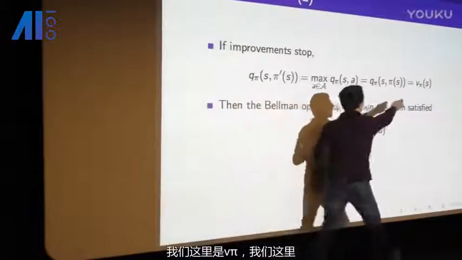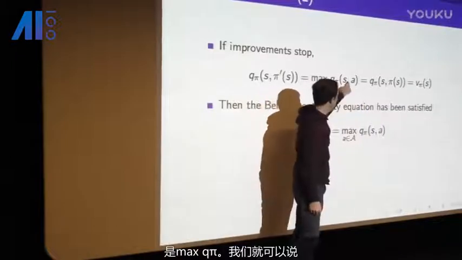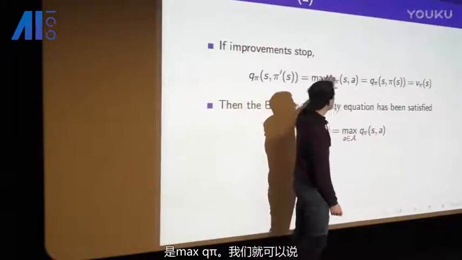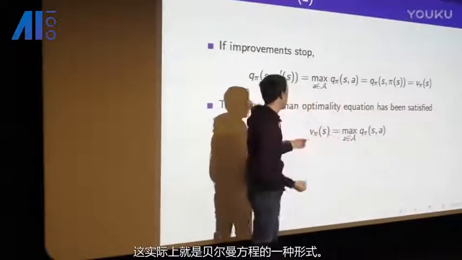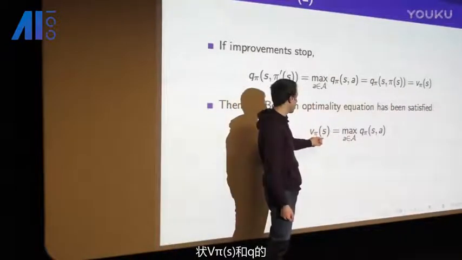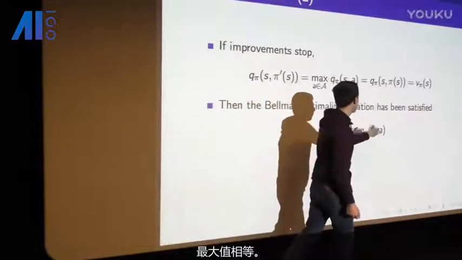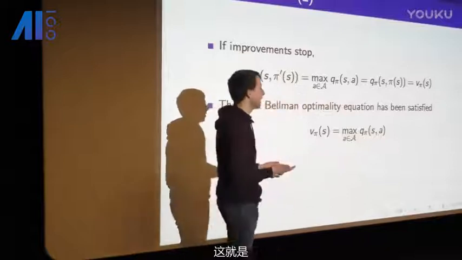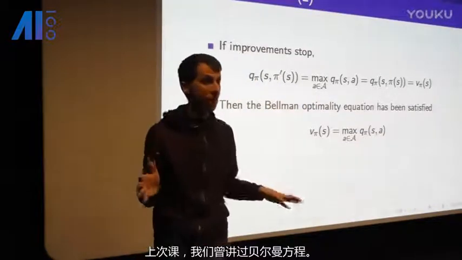So we've basically got v pi here, and we've got the max q pi here. We've basically said this is equal to this, and that's actually one form of the Bellman optimality equation: the value of state S is equal to the maximum over the q values. That's the one-step look-ahead form of the Bellman equation that we saw in the last lecture.